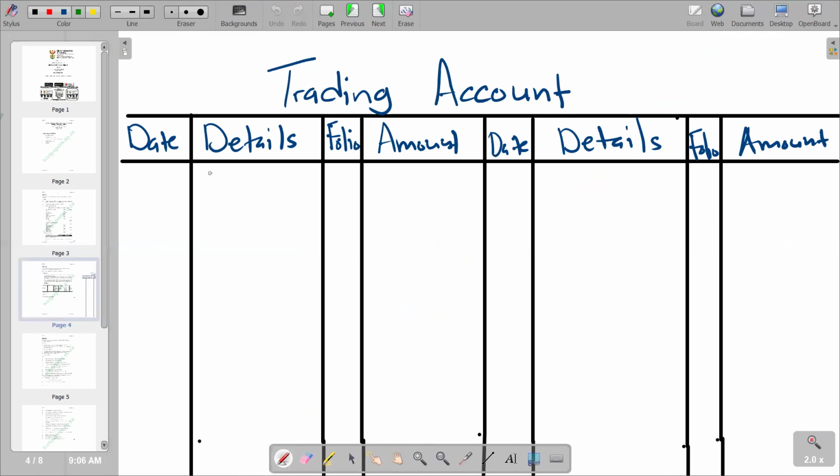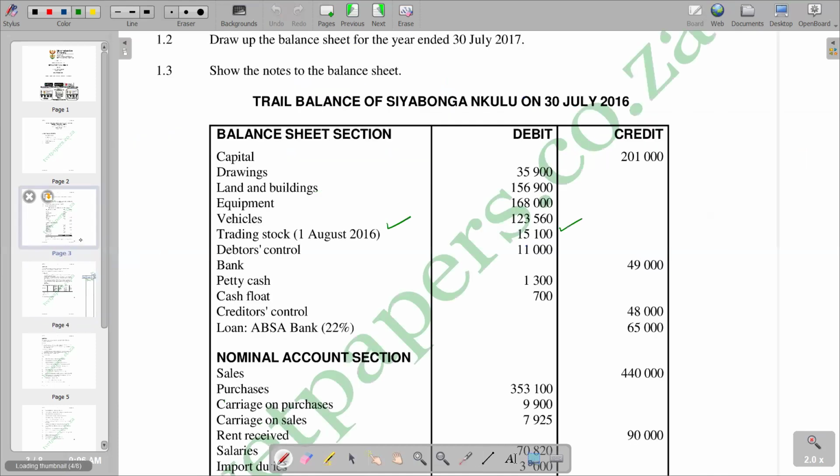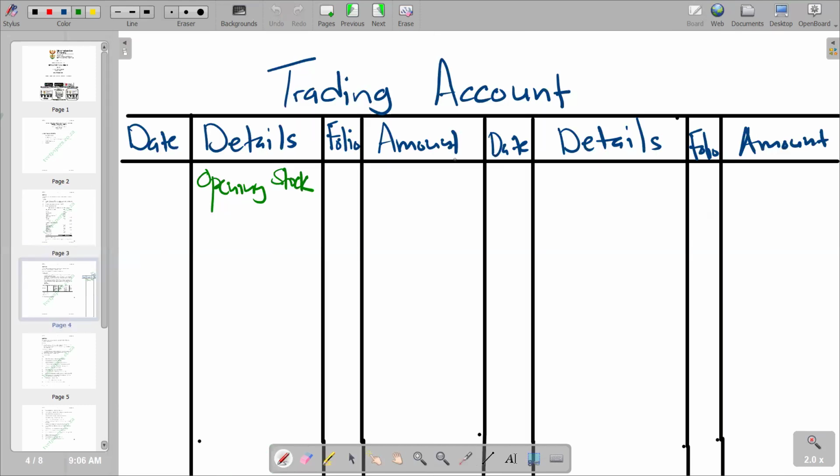So we are saying opening stock, the amount that we have, 15,100.